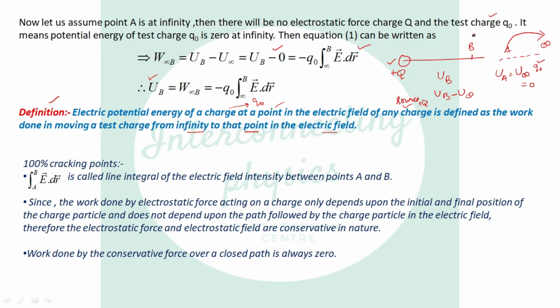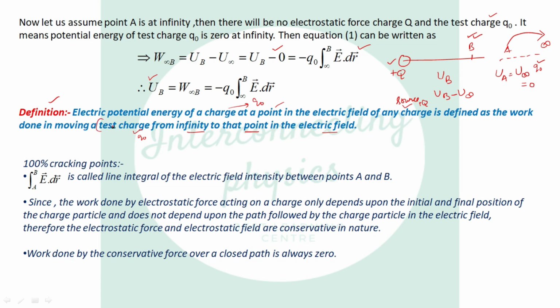To a point means at point B. If we are bringing this Q naught from infinity to point B, then that point is here B. Okay. So it is the work done. What is electric potential energy? It is the work done in moving a test charge Q0 from infinity to that point in the electric field.